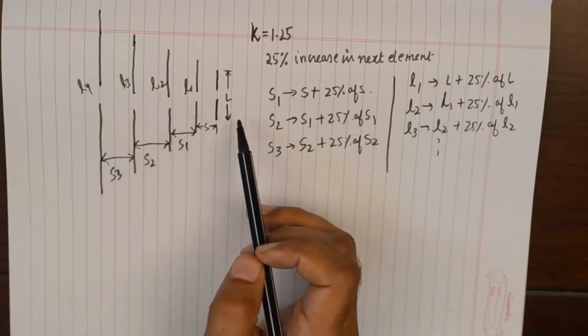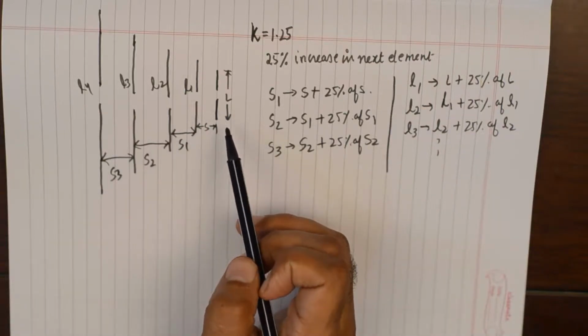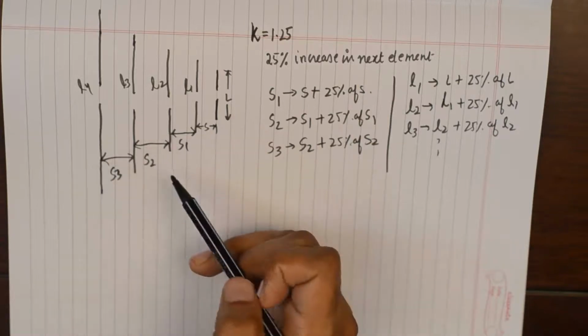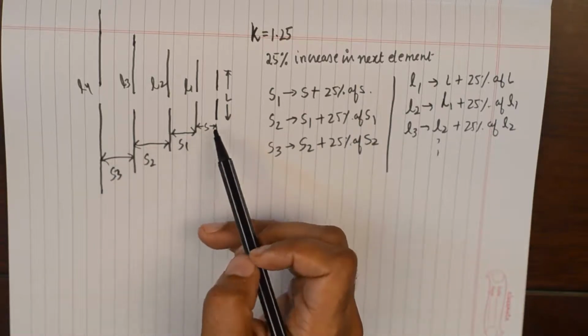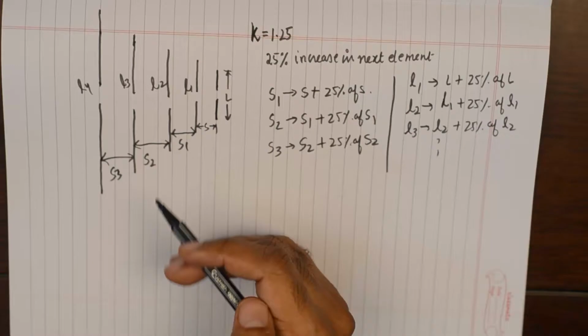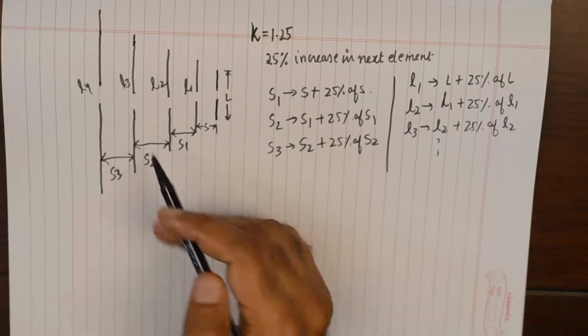But here the distances are progressively increasing as we go from one element to the other. So that's the first difference.